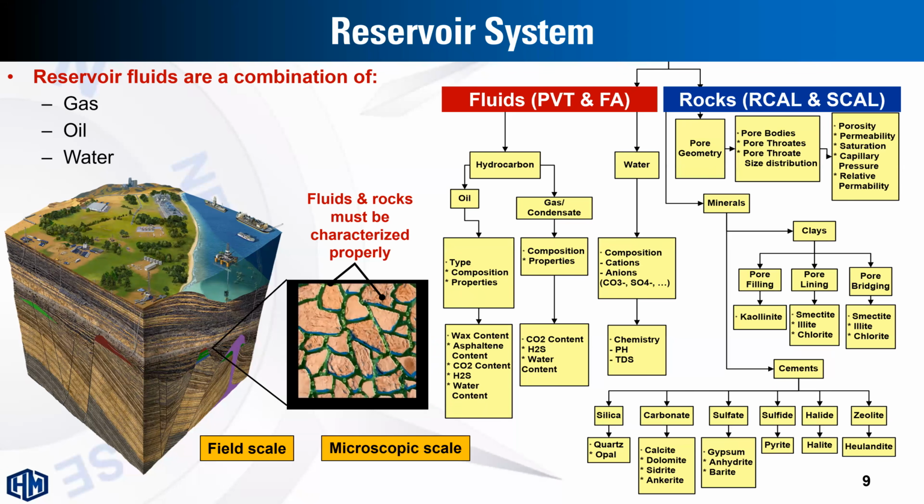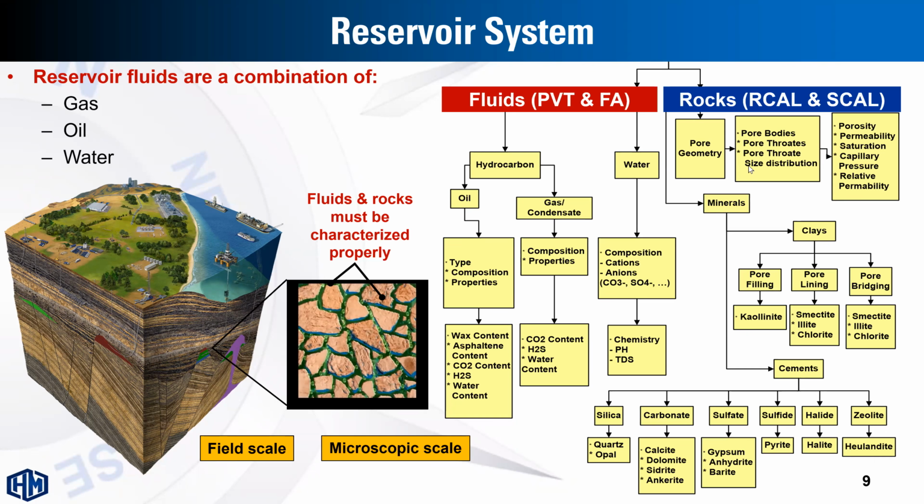So in a reservoir simulation model or a 3D model, we have to define the fluid model, considering the hydrocarbon composition, oil and gas properties, like the oil formation volume factor, oil density, oil viscosity, and so on. Also, water properties. This is regarding fluids.